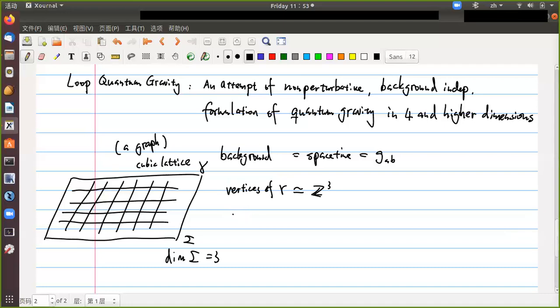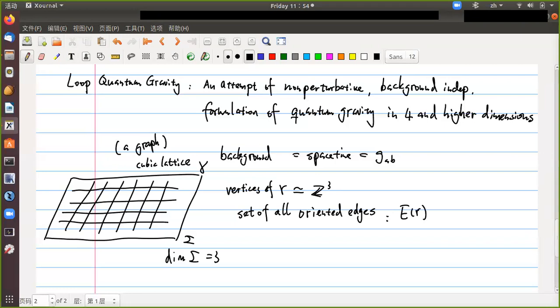Then for this lattice gamma, we define two sets. We have some notation for two kinds of sets. Firstly, the set of all edges or links. I will call it, more precisely, the set of all oriented edges, and denote it E gamma.